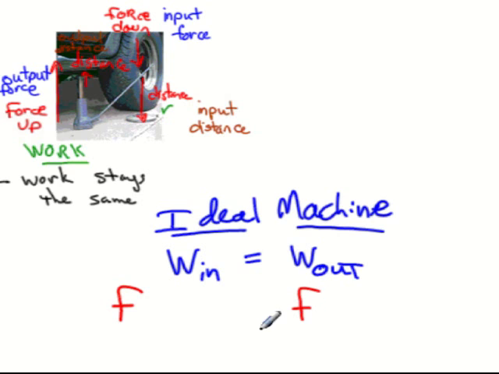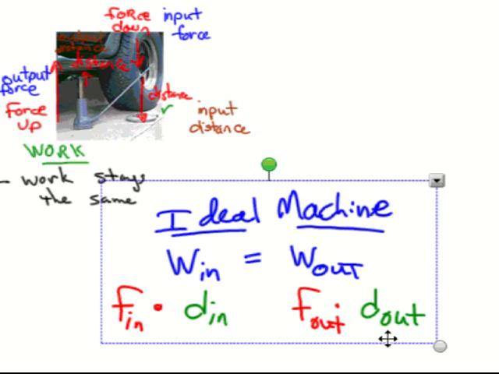So if we were to take our equation, where force times distance is used to find work, we can break it down into force in, force out, and distance in, and distance out. And this sets up a type of equation that we would call an inverse relationship.